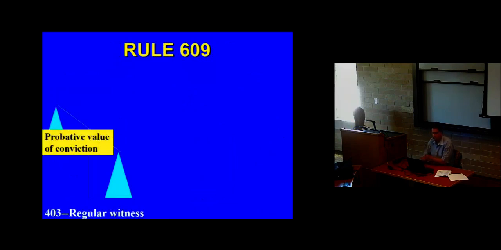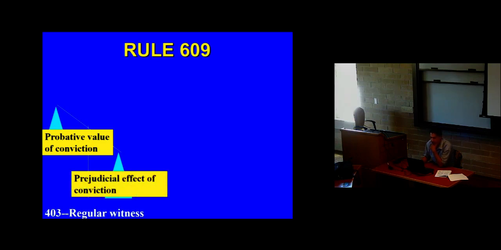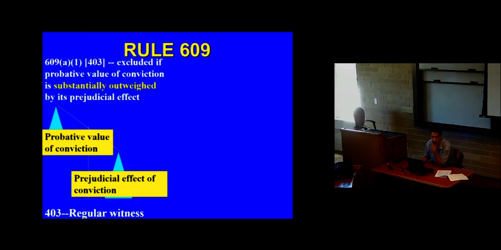So that's your regular witness. The probative value of the conviction is light, and the prejudicial effect of the conviction has to be very heavy in order for it to be kept out. So it's only when the weight balances look this uneven in favor of prejudicial effect of the conviction that the conviction would be held inadmissible.